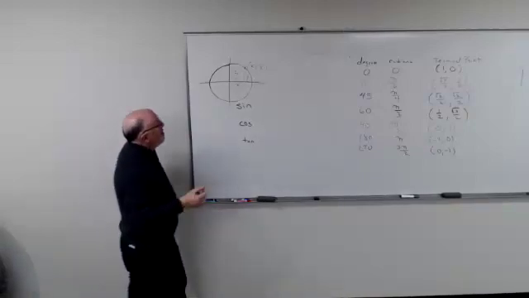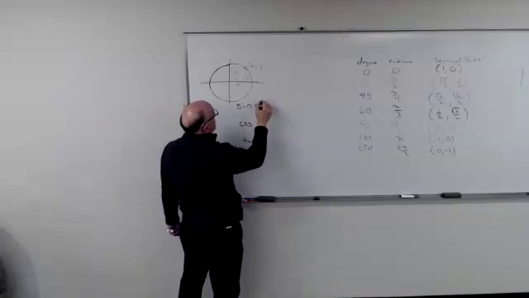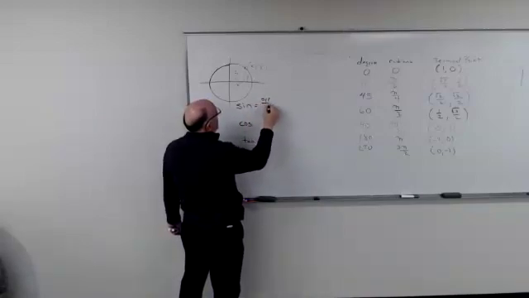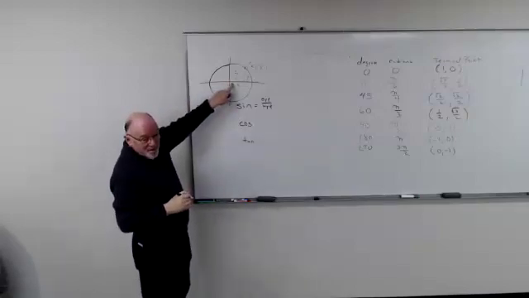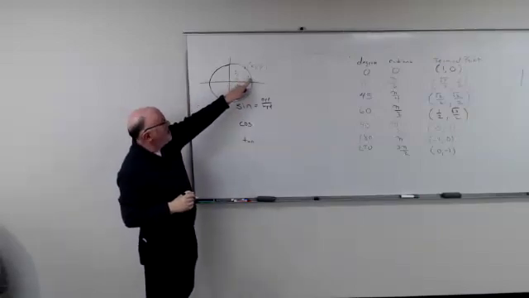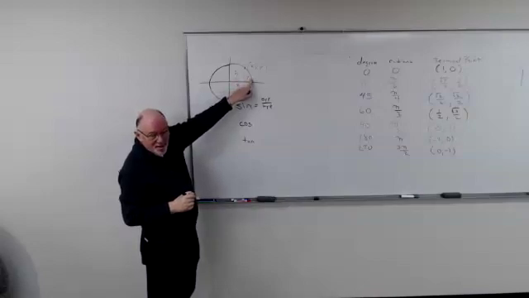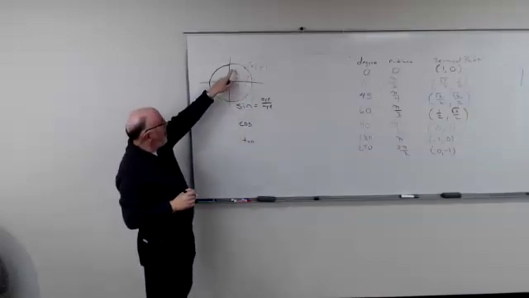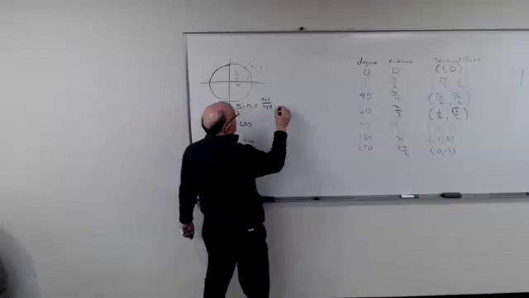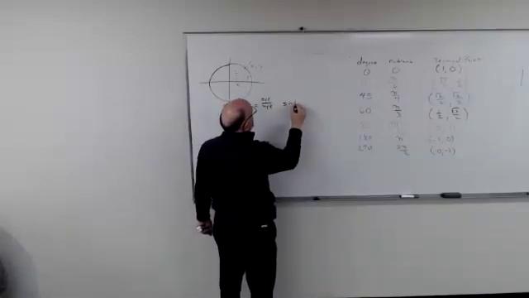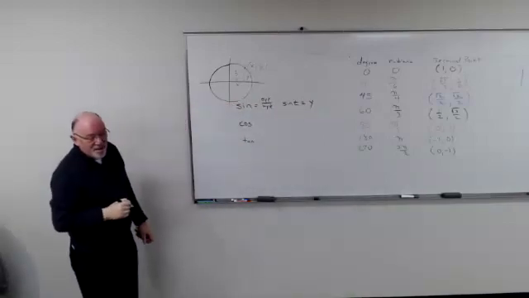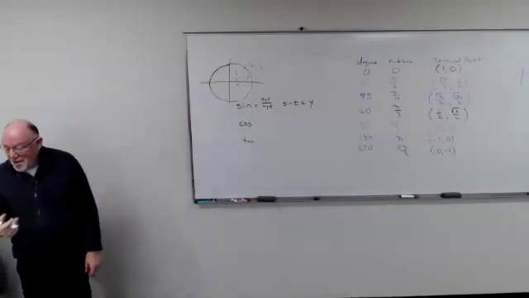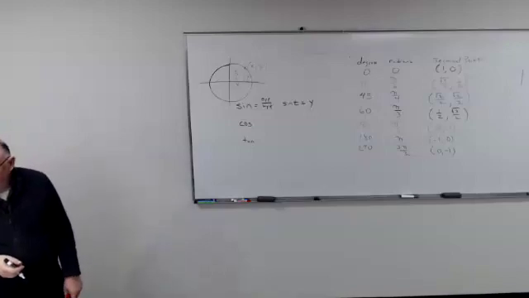So sine is the opposite over the hypotenuse. So if here's my angle, this is the opposite, y, and my hypotenuse is 1. And so the sine of t is going to be y. After all, y divided by 1 is just y.